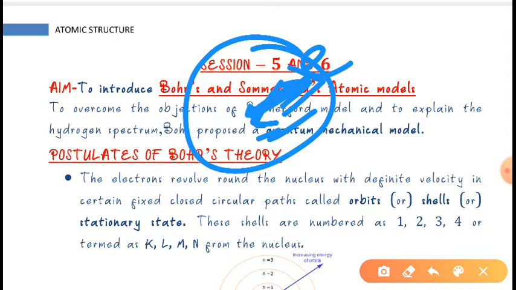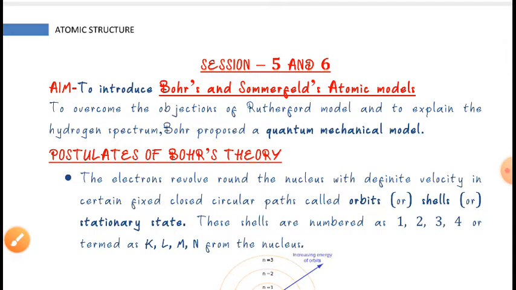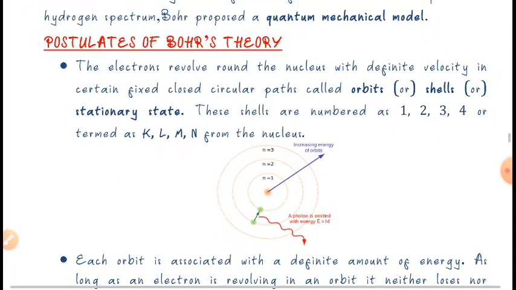If we take a multi-electron system, the two electrons will repel each other, they will also attract the nucleus, and many other things will arise. That is why Bohr gave his model only for single electron species.